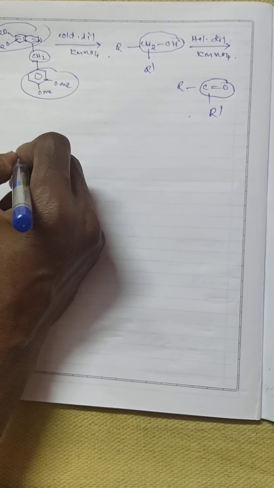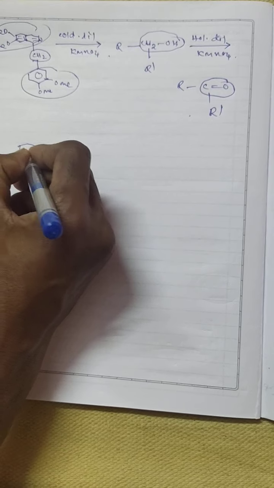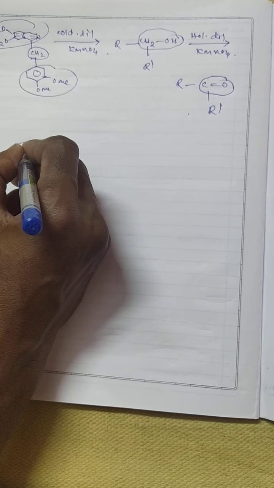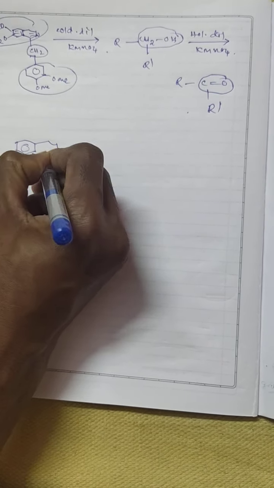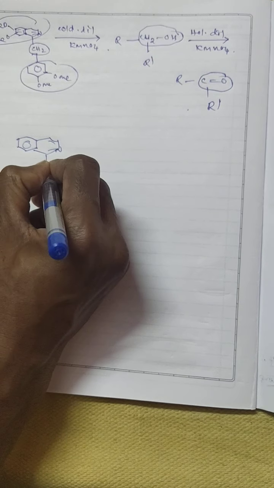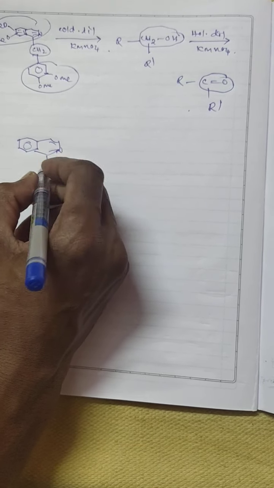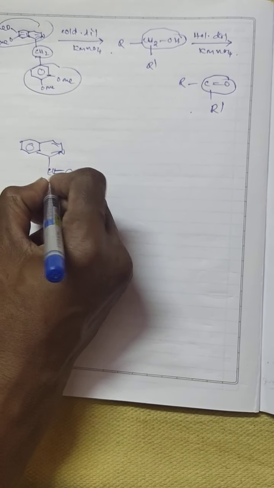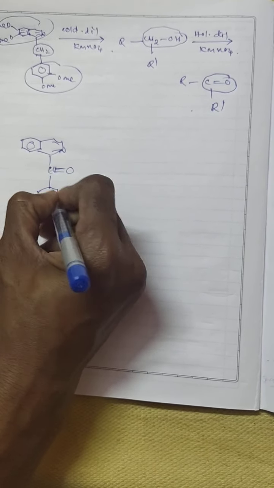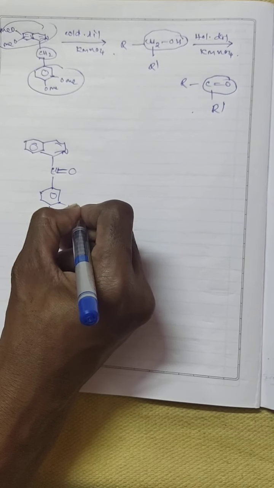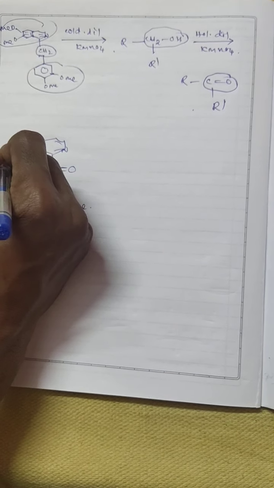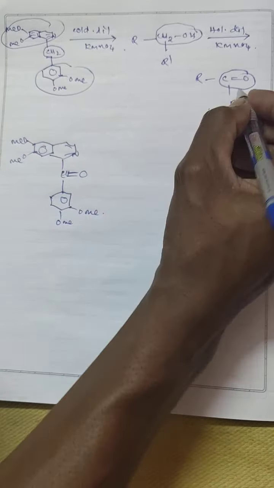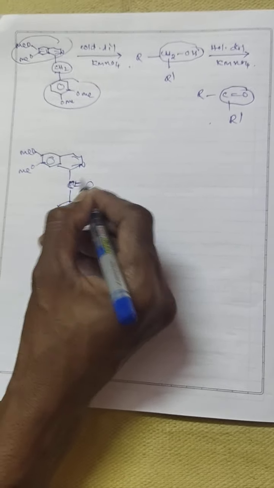So this is the keto papaverine structure, C double bond O, and here the methoxy groups. This is the keto group, right?